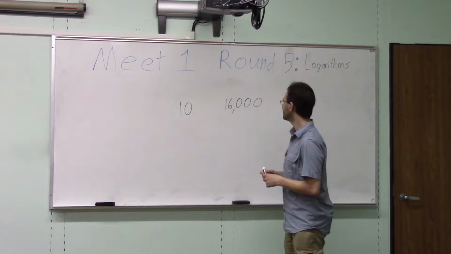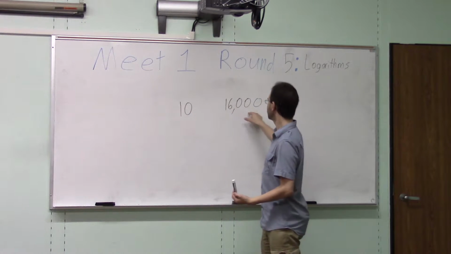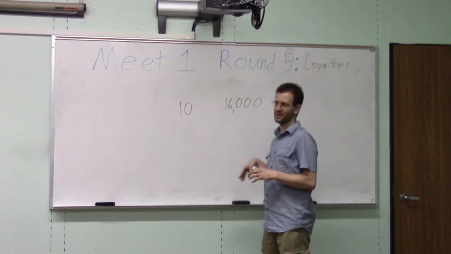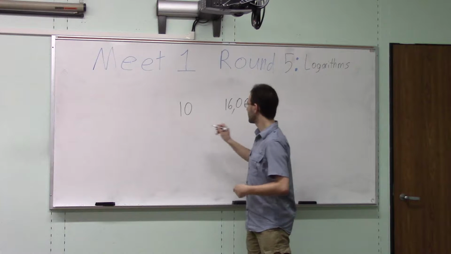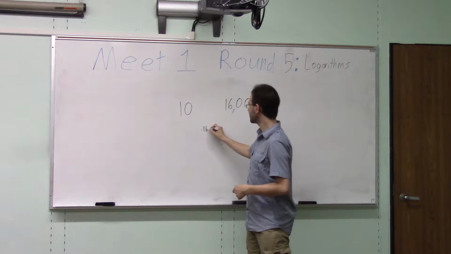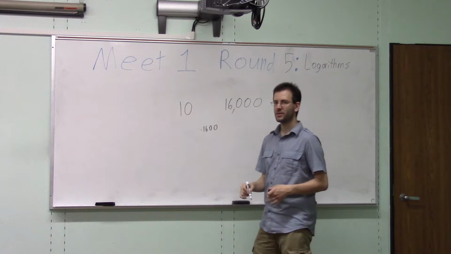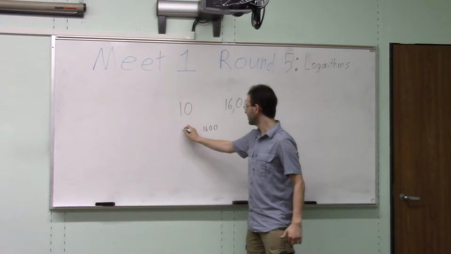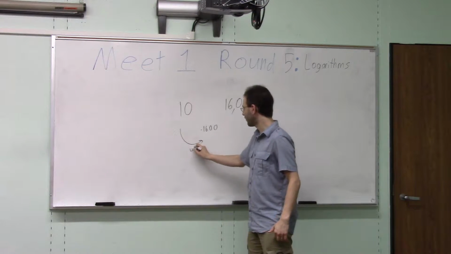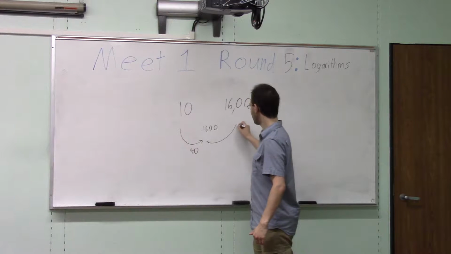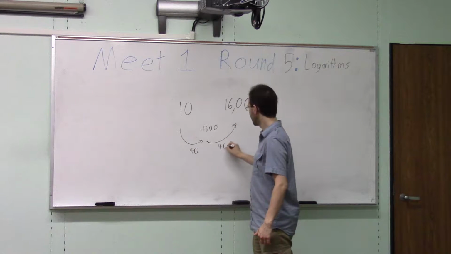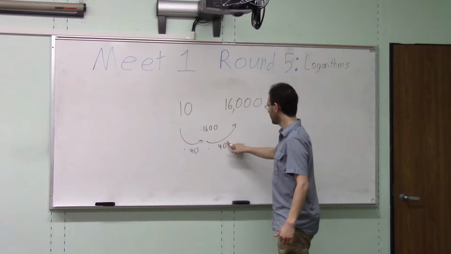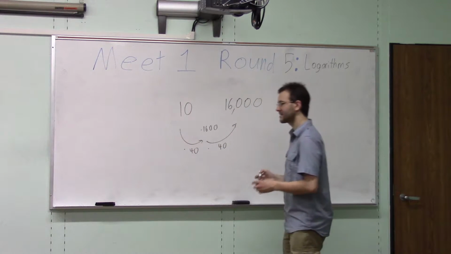So how would this be done? Well, to go from 10 to 16,000 doesn't mean adding 15,990, it means multiplying by 1600. So what's halfway to multiplying by 1,600? You could multiply by 40, and then multiply by 40 again. If you multiply 10 times 40 times 40, you get to 16,000.